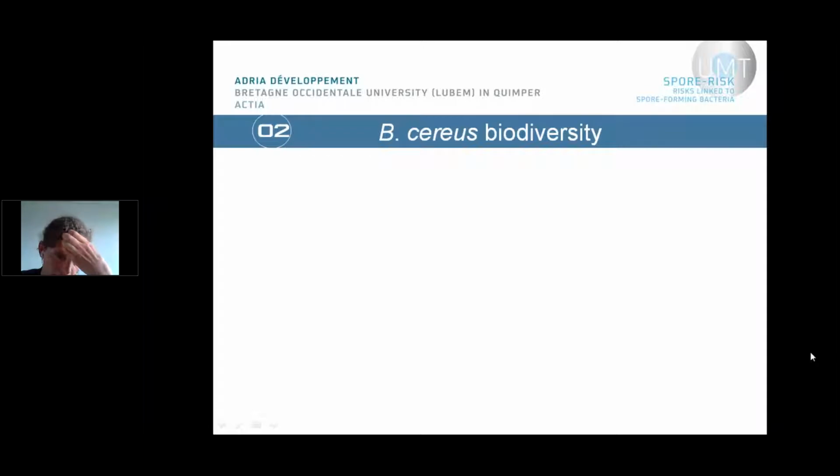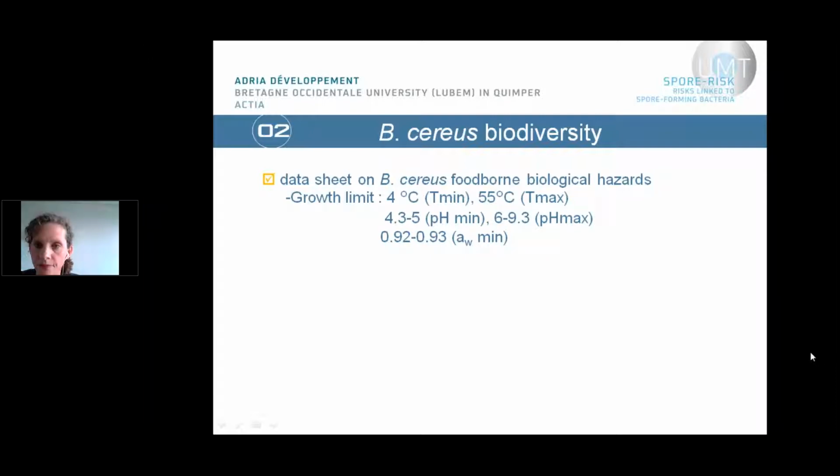The second part of my talk is regarding diversity, biodiversity. If you look at datasheets that are available in Europe or elsewhere, you have the following information regarding growth limit, where you have minimum and maximum temperature that is allowing growth.